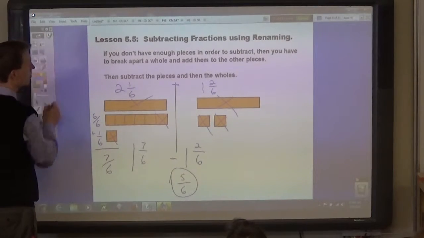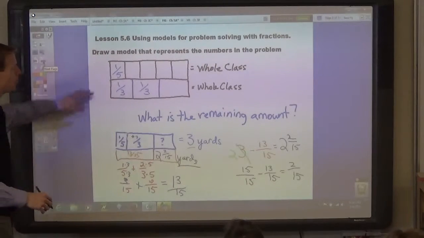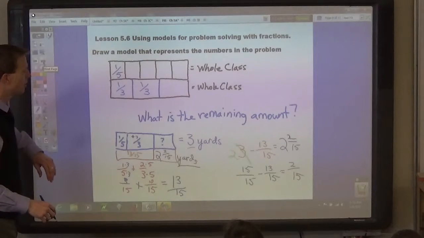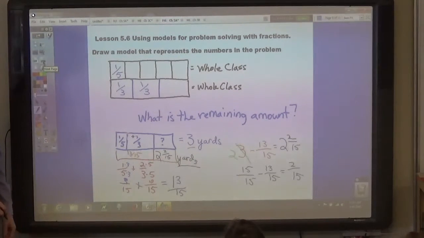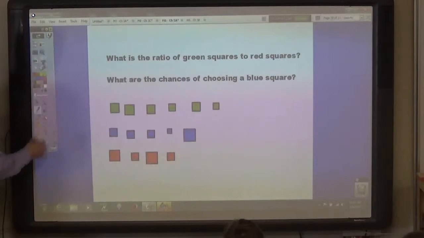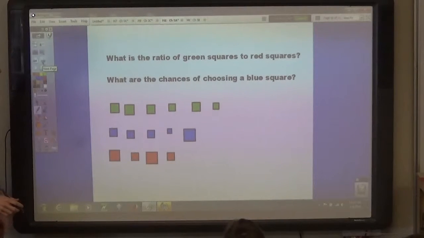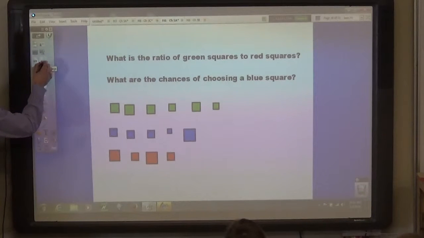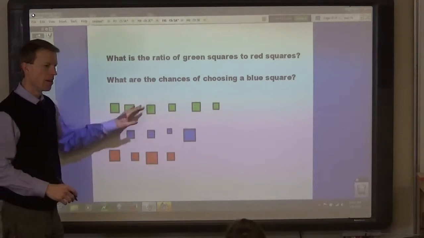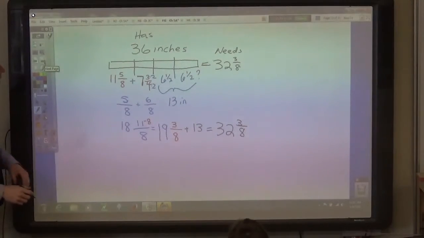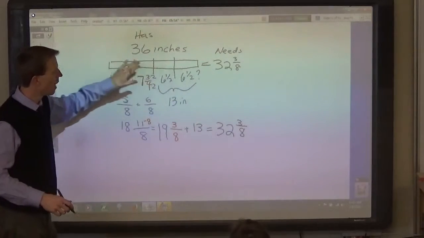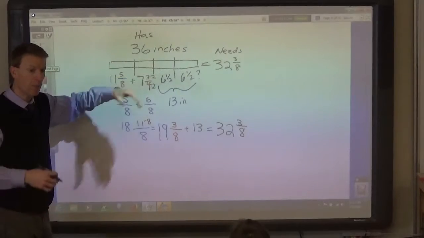Then we practice some more, and especially problem solving with this. And we talked about what ratios were a little bit. Ratios were comparing numbers that are not the same type. And then we worked on some problem solving with how much you need and how much you have.